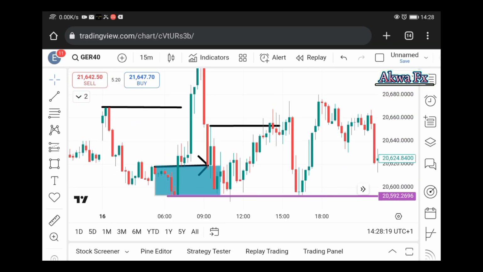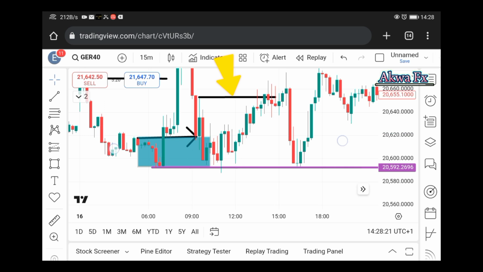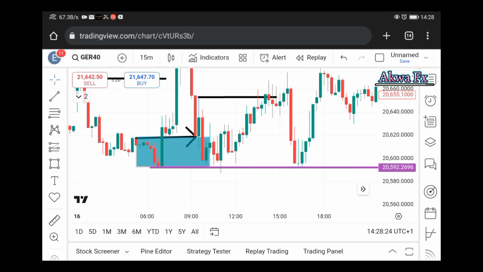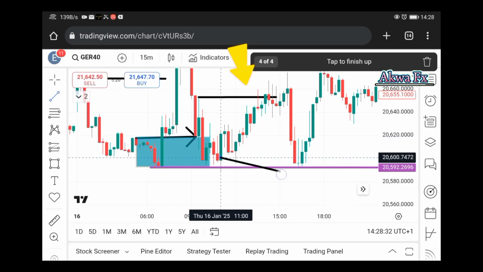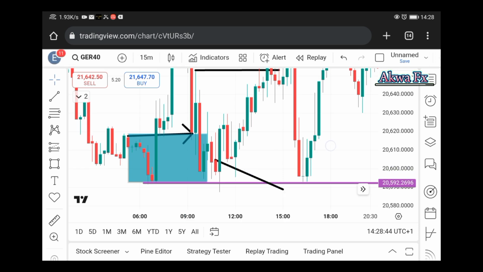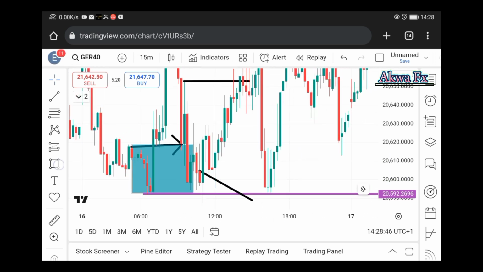So we can see that we have a break of structure right here. On my M15, we have a break of structure upon breaching this zone. So this market has broken structure to the upside.